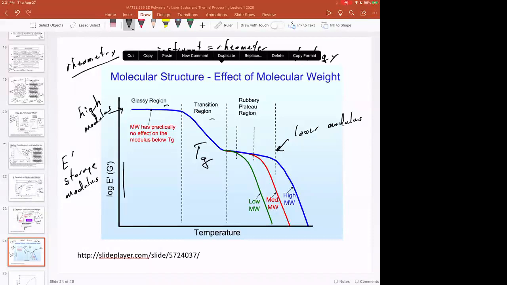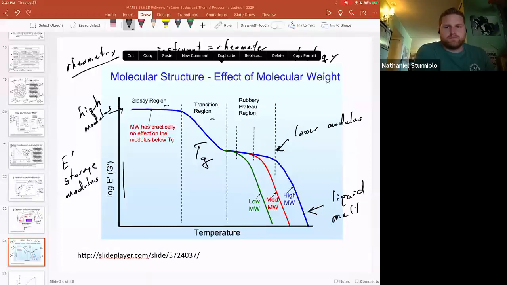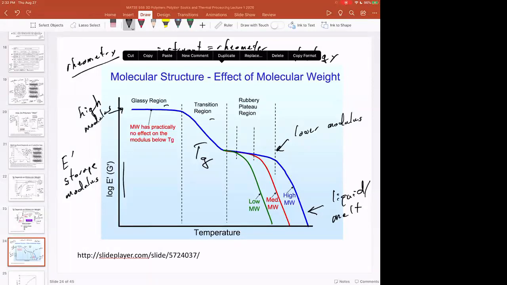And then if you take a rubber and you keep heating it up and it's not a cross-linked rubber, eventually, if you heat up a material high enough, what do all materials turn into before they turn into gases and break down? What's the last phase here? A liquid or a melt. And of course, liquids and melts have very low moduli. They flow.